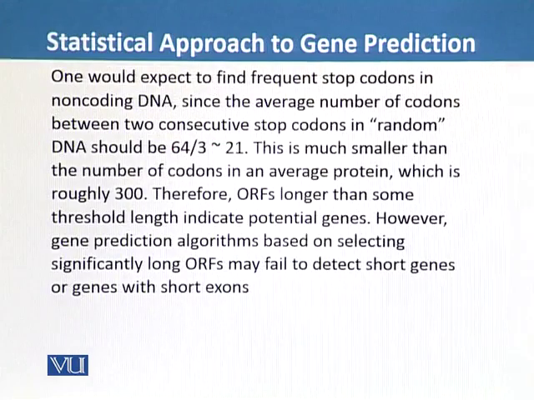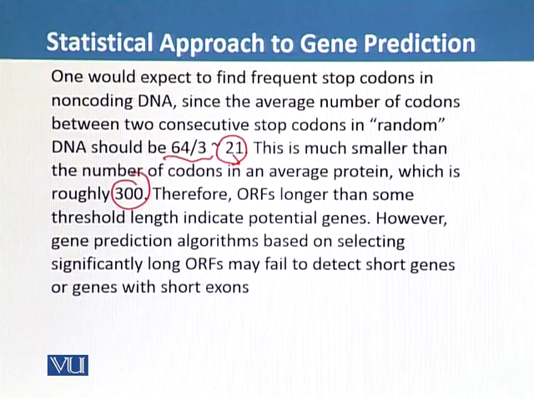One would expect to find frequent stop codons in non-coding DNA, since the average number of codons between 2 consecutive stop codons in random DNA should be 64 divided by 3, which comes out to be 21. This is much smaller than the number of codons in an average protein, which is roughly 300.